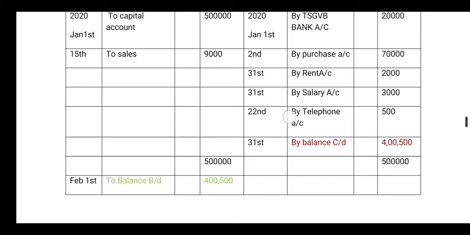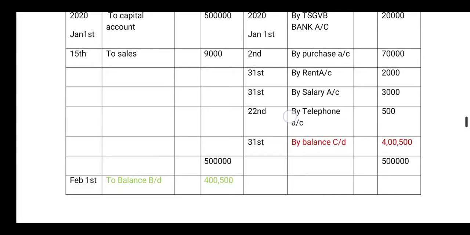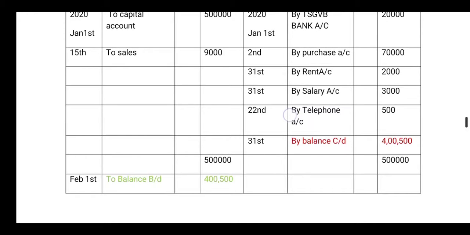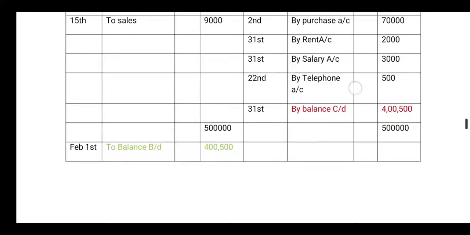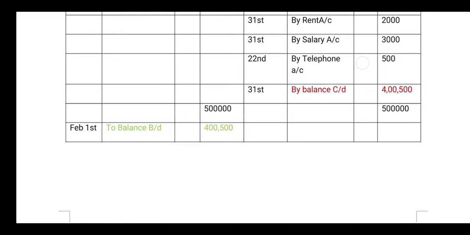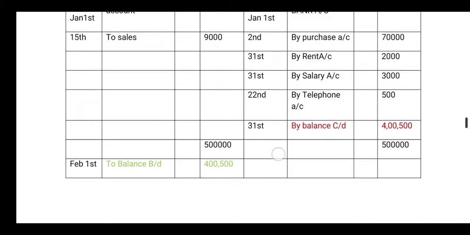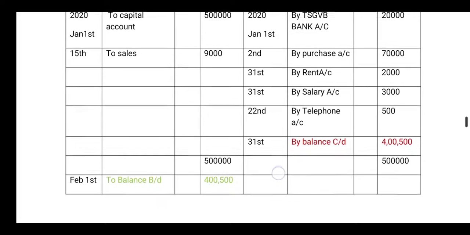And on the 15th, sales, here cash related sales, cash is debit, that's the reason sales is written. All expenditures are written: 31st rent, 31st salary and second telephone bill.